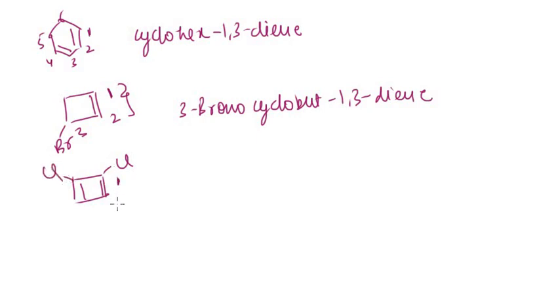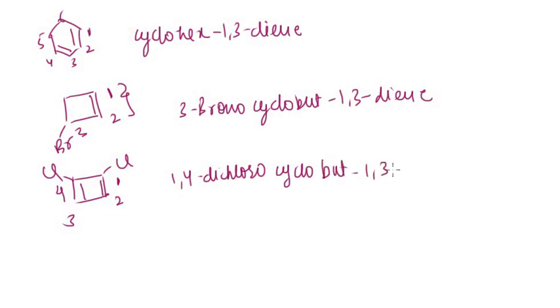So 1, 2, 3, 4. 1,4 dichloro cyclobute 1,3 diene. Cyclobute 1,3 diene.